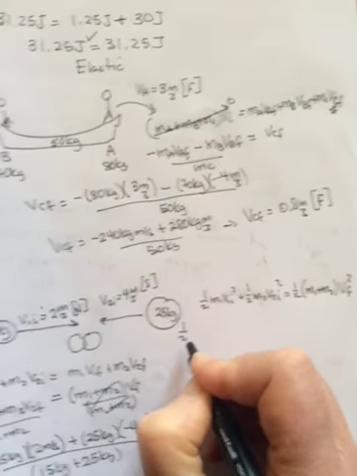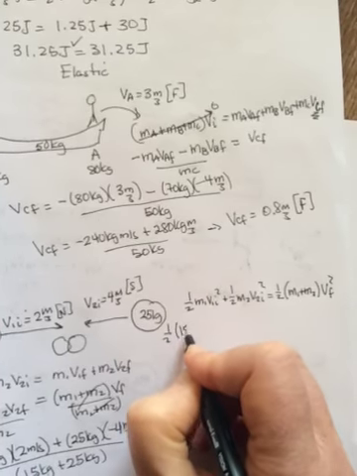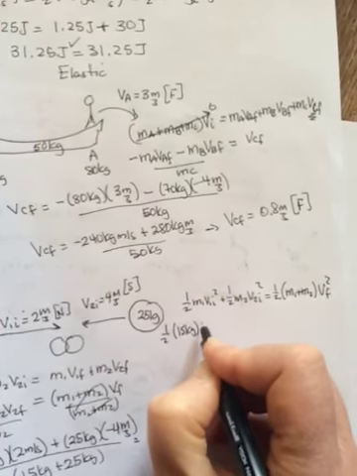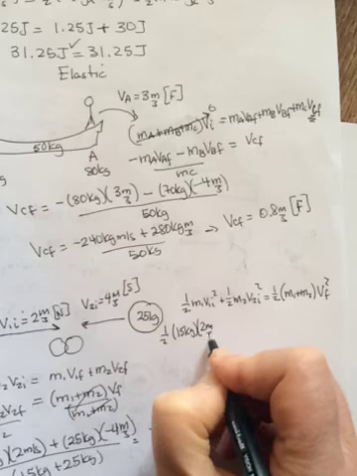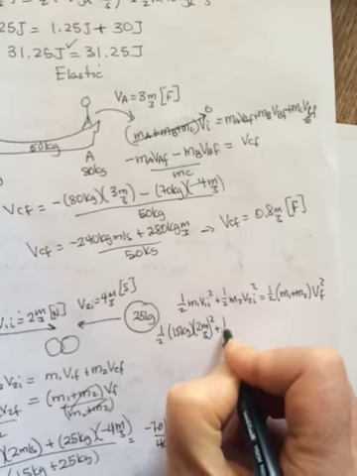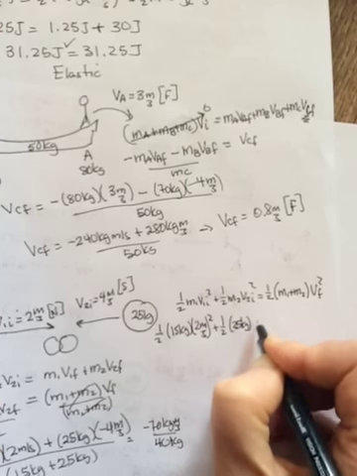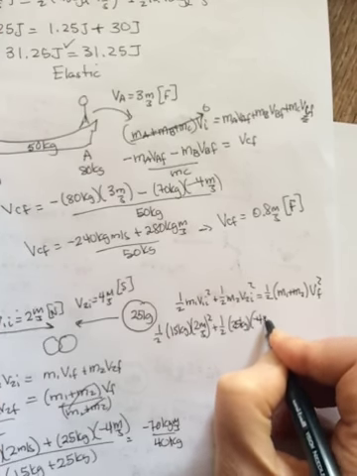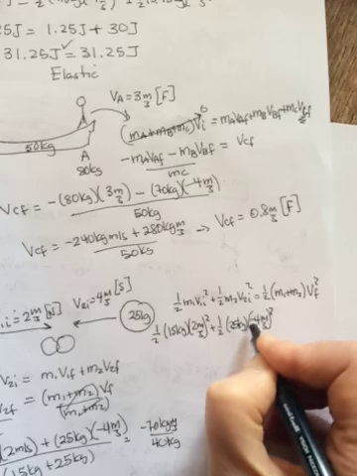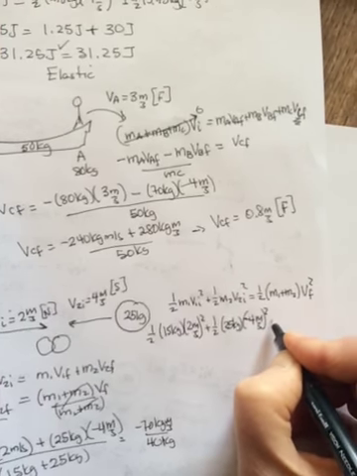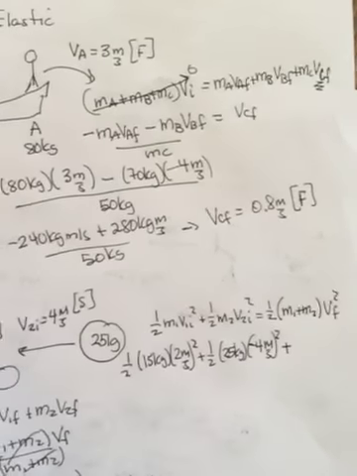Okay, so 1/2, the first mass was 15 kilograms, times 2 meters per second, and that gets squared, plus 1/2, 25 kilograms, times negative 4 meters per second, and that negative really isn't going to matter because it's going to get squared.